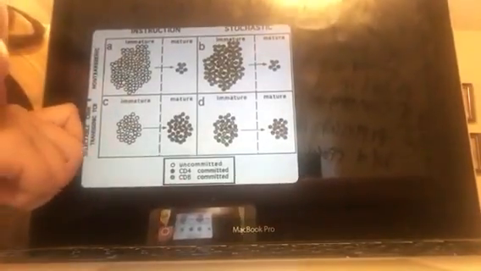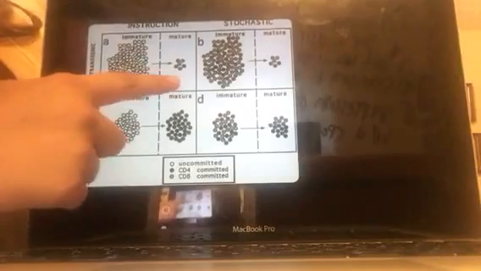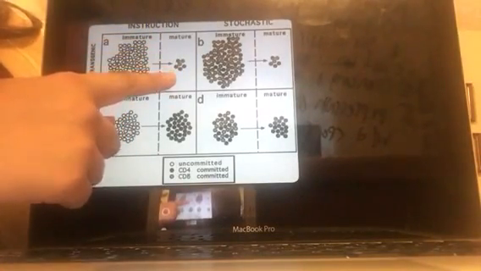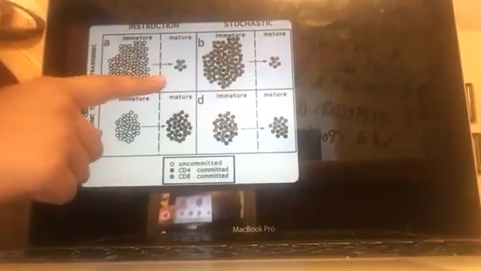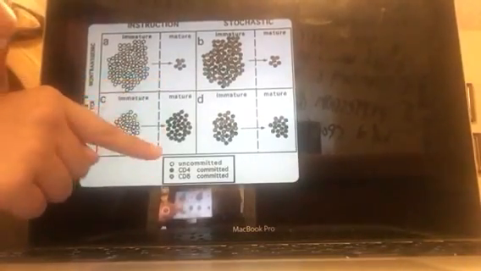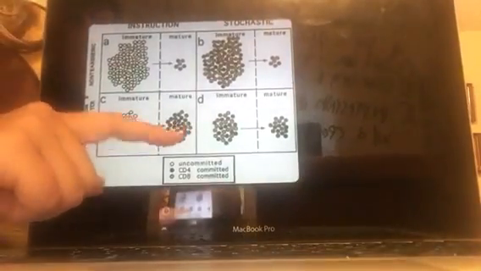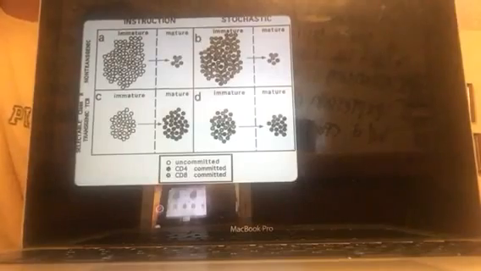This one is uncommitted, so when they're immature, they're uncommitted. And over here, after the instructive ones, we get double the CD4s that we do the CD8s, and down here it looks like it's all CD4s. So this is the instructive model.